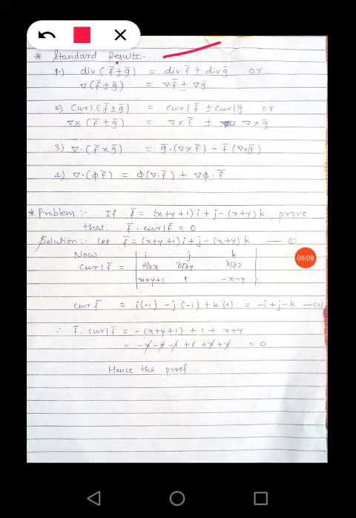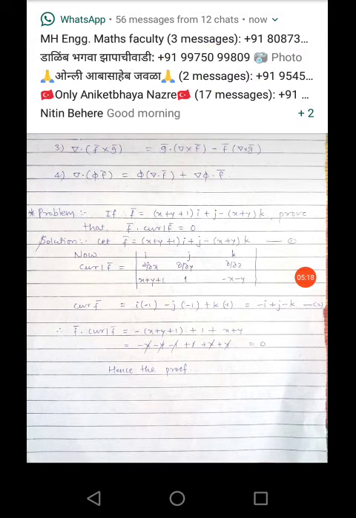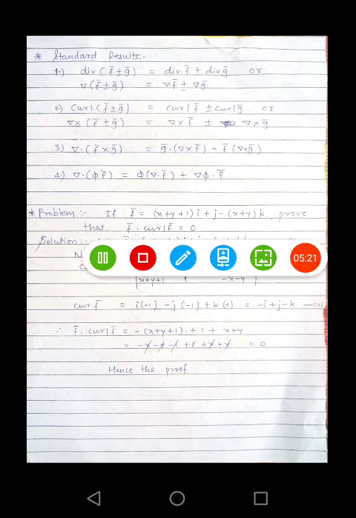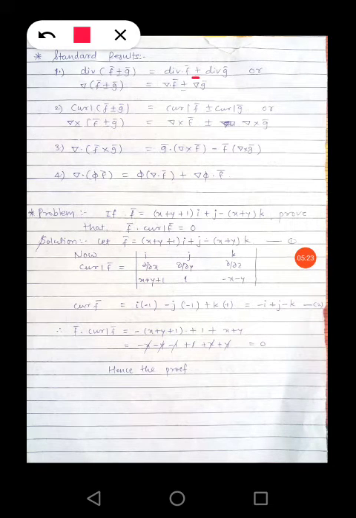Then the divergence of their addition and subtraction is given by the divergence of f bar plus or minus the divergence of g bar. In another symbol, del dot of f bar plus or minus g bar is equal to del dot f bar plus or minus del dot g bar. This is simply the additive and subtractive rule of the derivative.